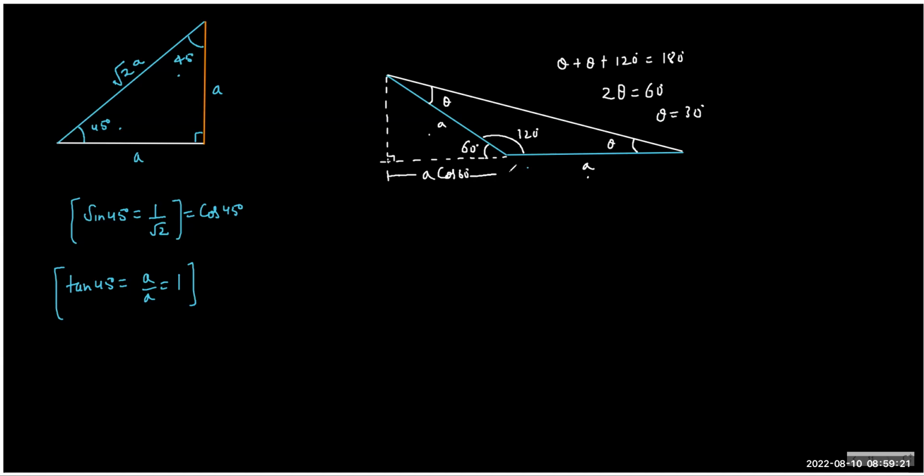It is like a projection, if you remember. Yes or no? And if it is a cosine projection, this will be the sine projection, A sine 60. So these are like projections.